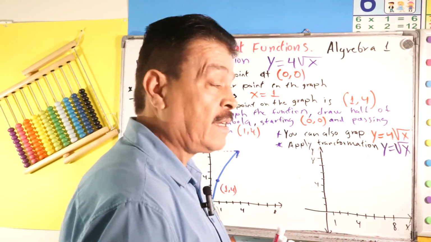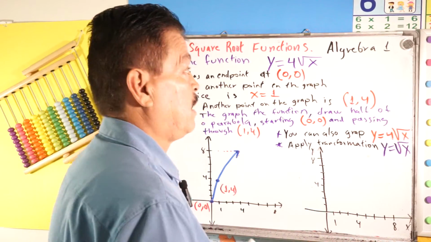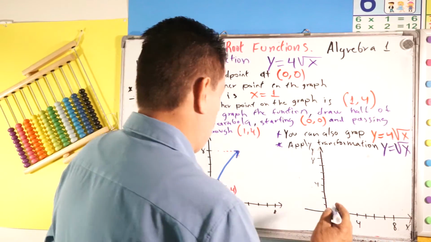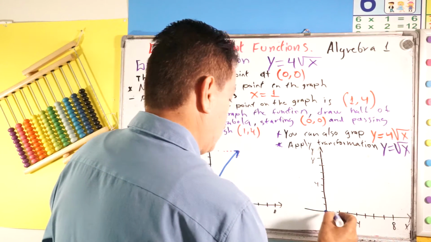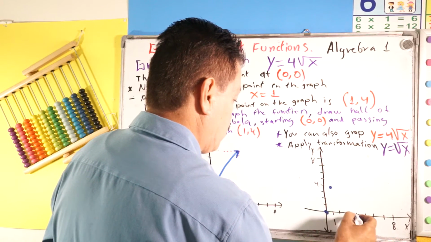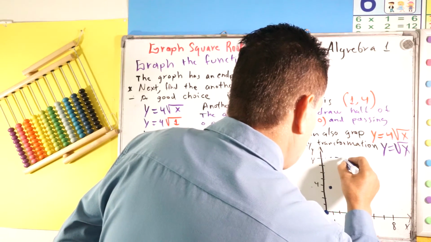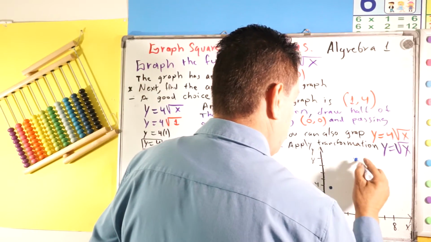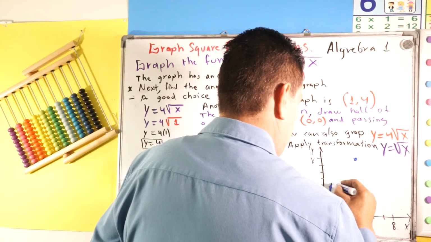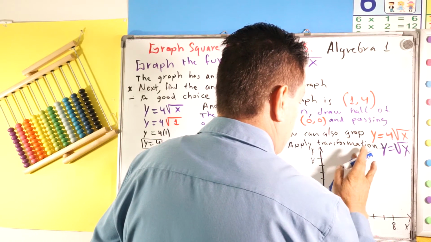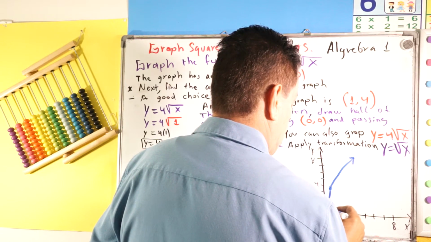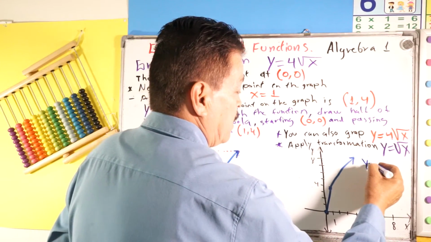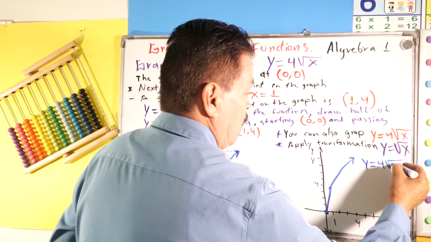Remember when at the beginning my class explained the concept of the root function, how to graph the square root function. This graph corresponds to y equals 4 square root of x.